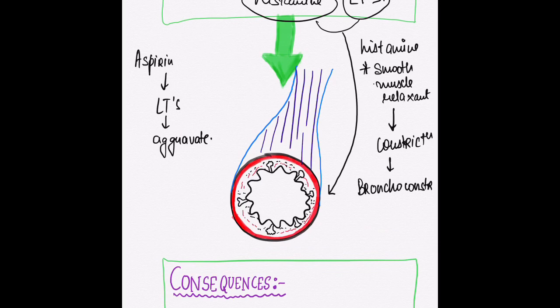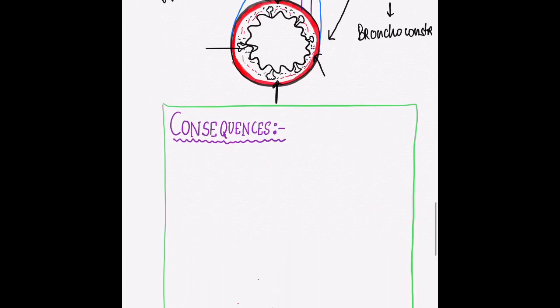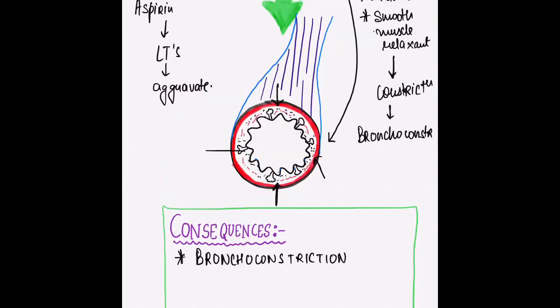This bronchoconstriction is going to narrow the airway pretty bad. Now, let's first write it out, the consequences of histamine on the bronchioles. The first thing the histamine does is bronchoconstriction, and this bronchoconstriction is going to narrow the airspace.